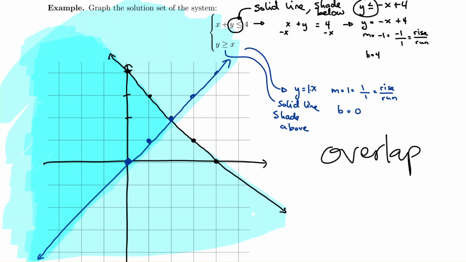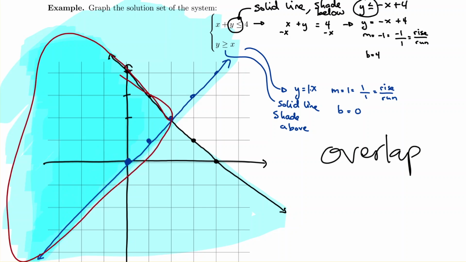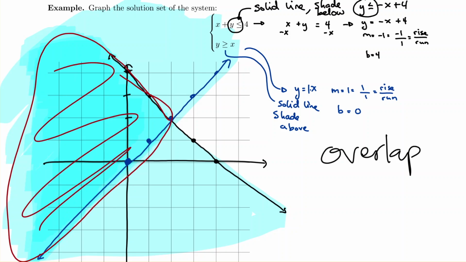When you're looking at the answer choices, be careful to notice the distinction of where one's darker or lighter. The darker the shading indicates the overall solution. So just to clarify again, this entire region that I'm highlighting in red is our solution because it's darker shaded.